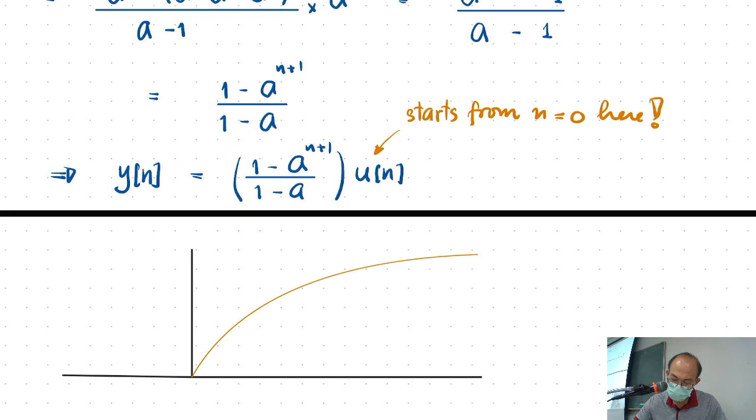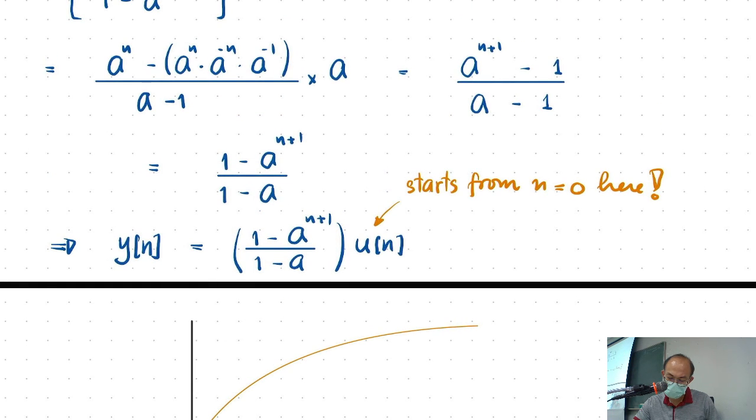Zero. Something is not correct, is it? N plus a plus 1.